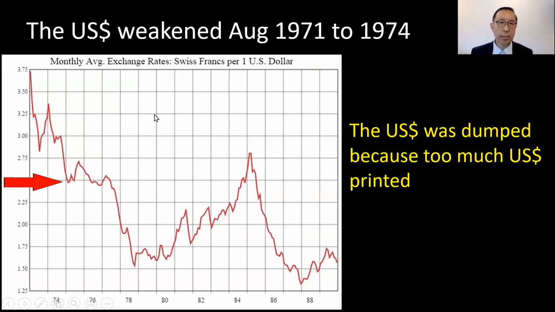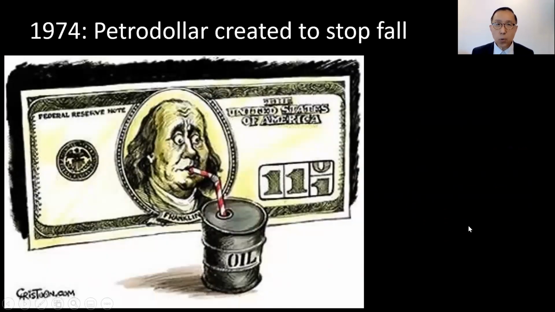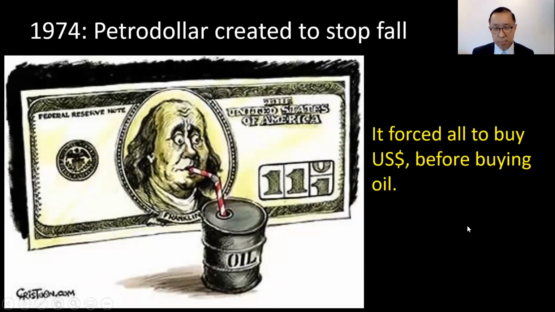Well, what happened? The US dollar fell because nobody wanted to hold US dollars. This chart shows the US dollar falling against the Swiss franc all the way down to 1974. Something happened in 1974. In 1974, they created this petrodollar system, whereby they made an arrangement with Saudi Arabia and OPEC would sell their oil in US dollars.